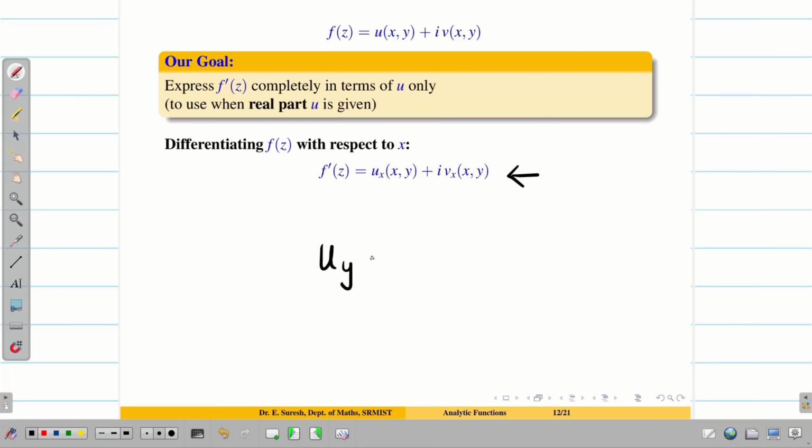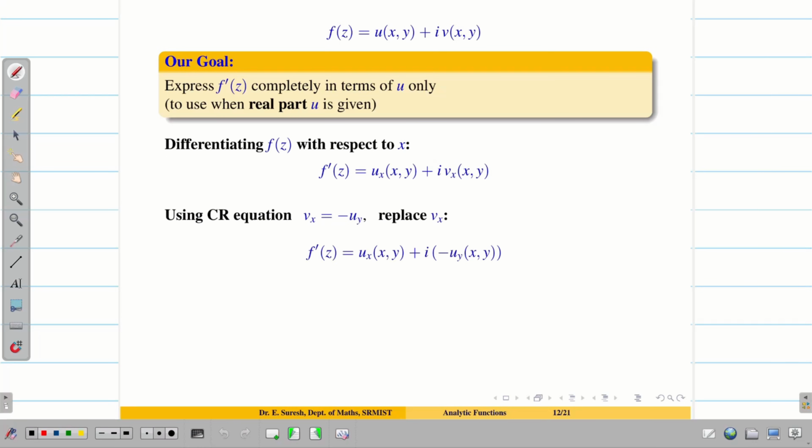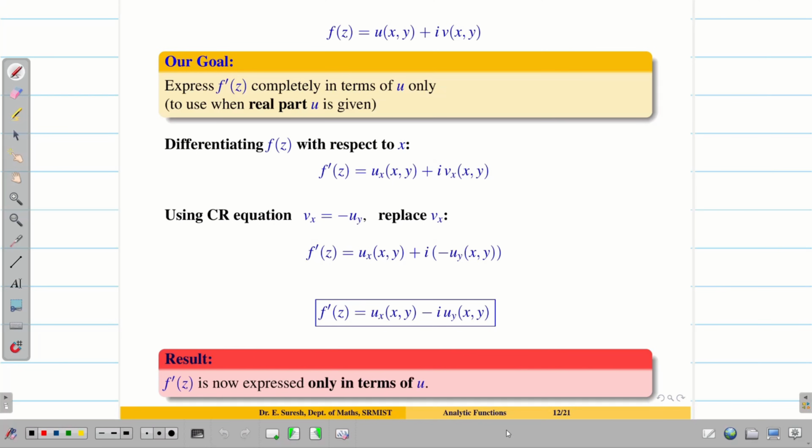So we know that uy is equal to minus vx. Replacing vx by minus uy, we get f dash of z is equal to ux of x comma y minus i into uy of x comma y. So now this f dash of z is completely expressed in terms of u.